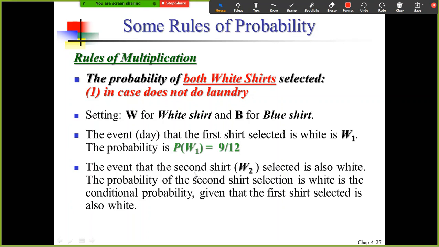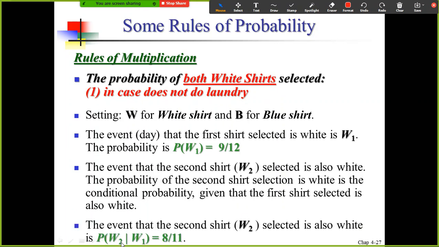The probability of the second white selected is conditional, because it depends on the first white shirt selected. So in this case, we can use this symbol: the probability of W2 given that W1 equals 8/11.